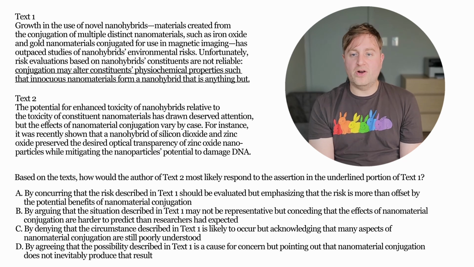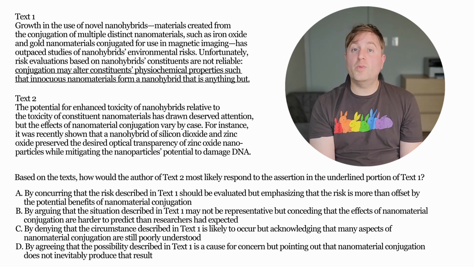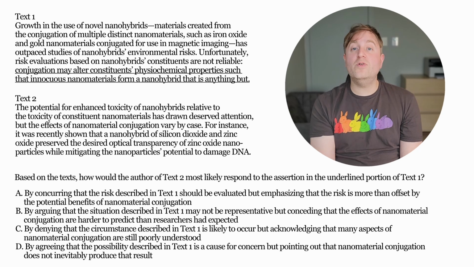However, that last part about the effects of it being hard to predict doesn't seem to match what we saw before. The author doesn't talk at all about it being easy or difficult to predict. He just talks about it being something that we need to study on a case-by-case basis. Therefore, answer B can be eliminated, and we move on to C.